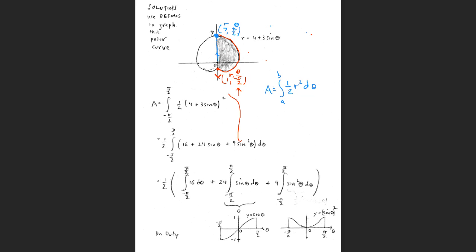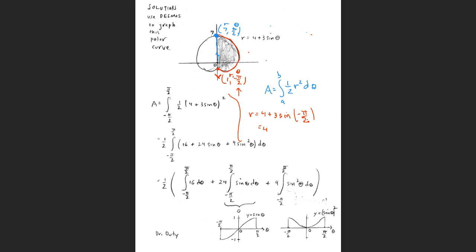If you say r equals 4 plus 3 times the sine of negative pi over 2, well, the sine of negative 90 degrees is negative 1, right?